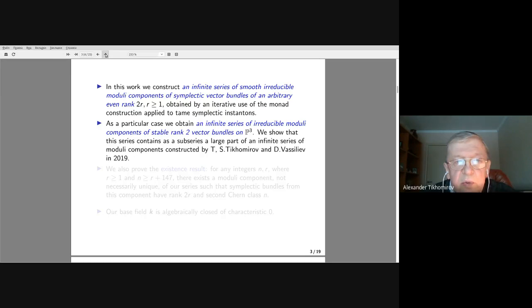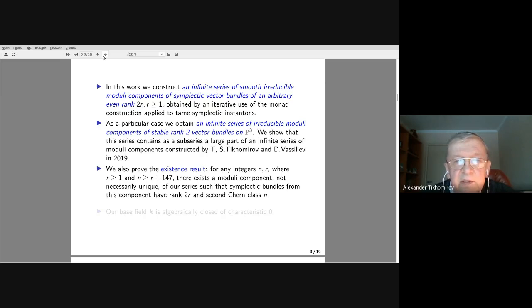We also prove an existence result: for any integers n and r, where r is at least 1 of course, and n is at least r plus 147, there exists a moduli component, not necessarily unique, of our series, such that the symplectic bundles from this component have rank 2r and second Chern class n. And of course, our base field is always algebraically closed of characteristic 0.